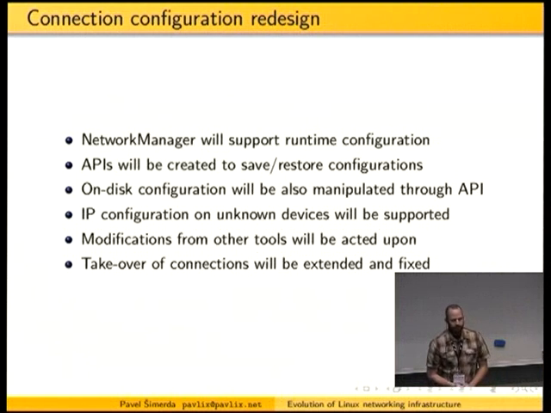And we are going to support IP configuration on devices that are not supported by NetworkManager. But don't be afraid, this will not be all automatic like it used to be. We will support things that you want to do explicitly and not just let NetworkManager take over everything.